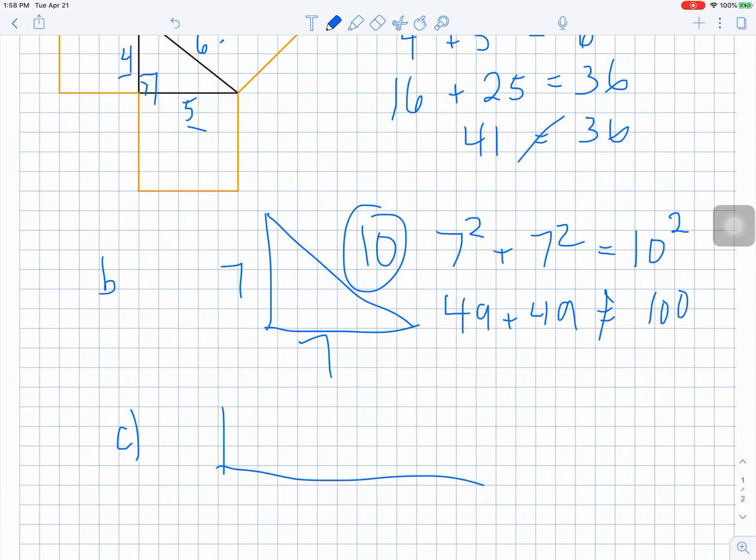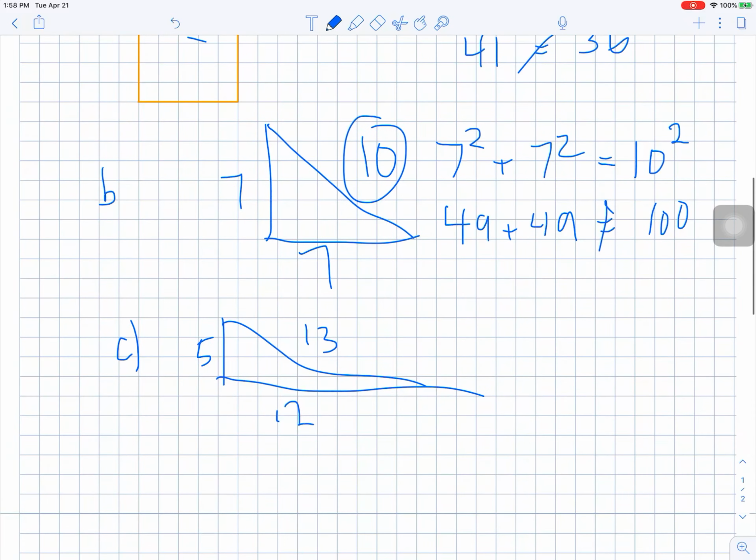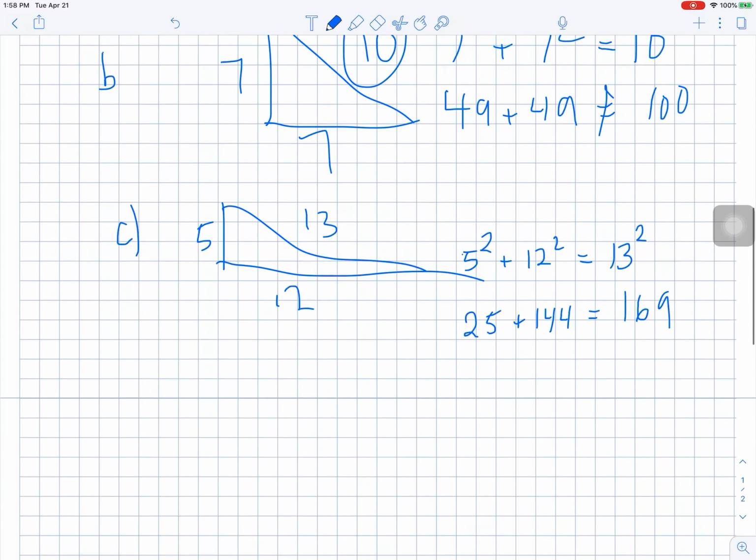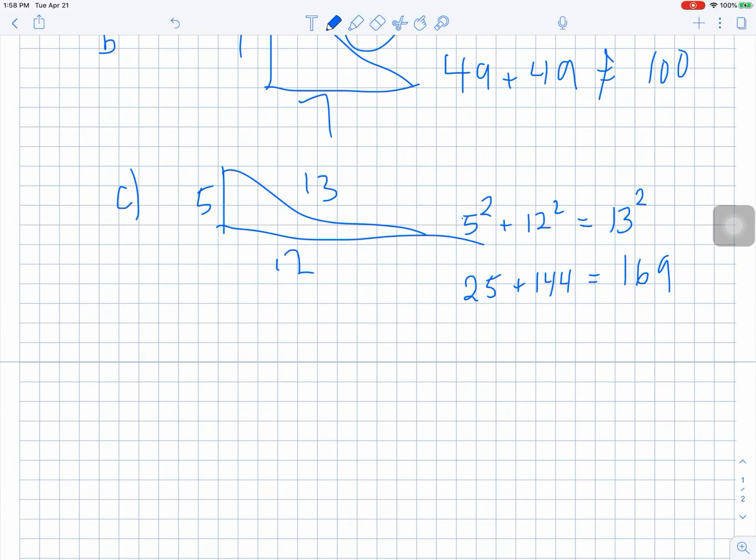And now we're looking at C in that example 5, and it says you've got 5, 12, and 13. Does that work? Well, let's try it. 13 is the long one, so we have to put 13 squared here. And then we get 5 squared plus 12 squared. Does this work? Well, you get 25 plus 144 equals 169.